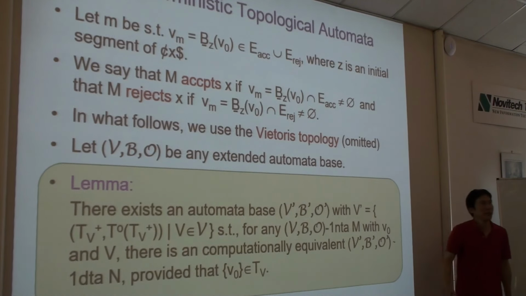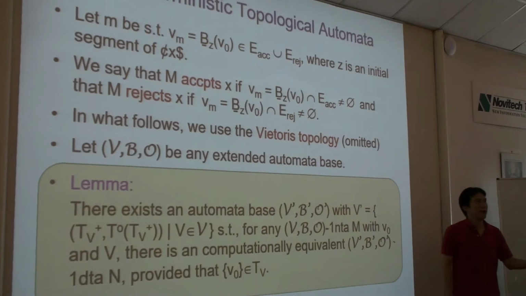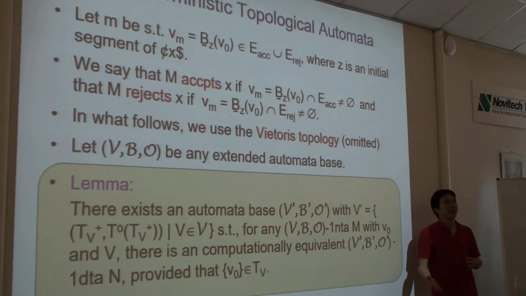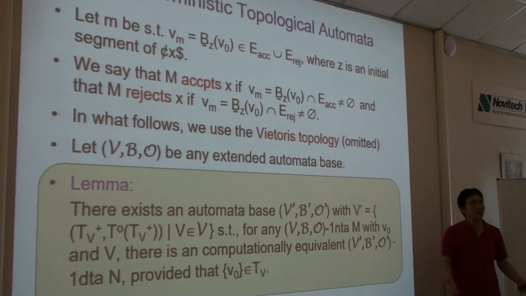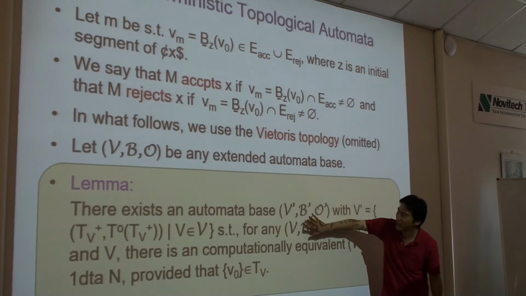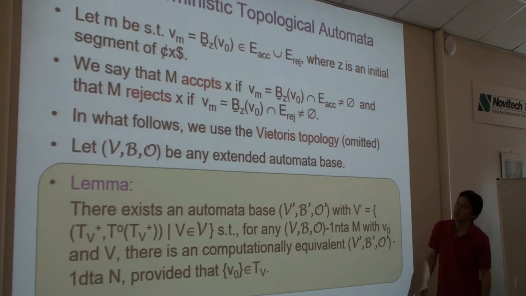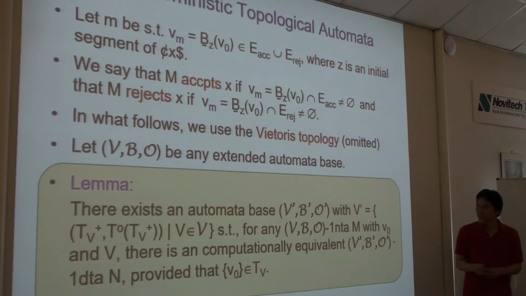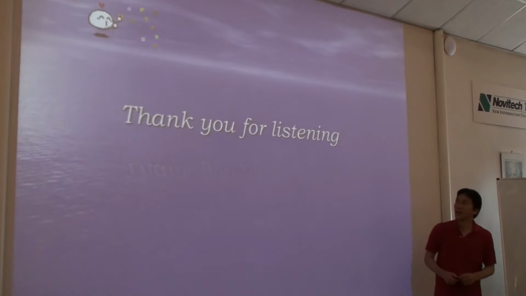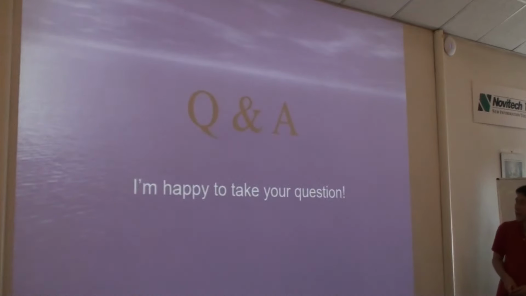So that means this is similar to the non-deterministic finite automata being transformed into the deterministic finite automata, at the cost of extending the operator and the space. Okay, and that's all. Thank you for listening, and I'm really happy to take your questions.